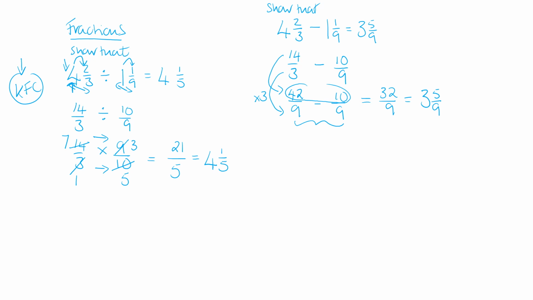What have I got next? Another times one. 3 1/5 times 2 5/8, and we were asked to show that that equals 8 2/5. So it's another show that question. Turning it top heavy, 3 times 5 is 15, add the top, 16/5 times 2 times 8, 16, add the 5, 21/8.